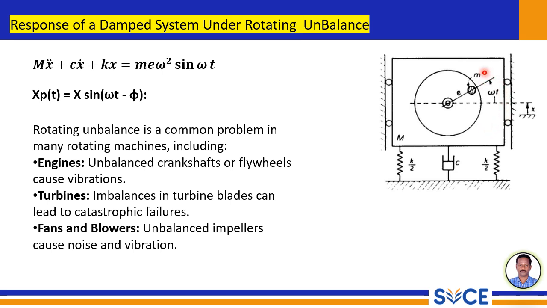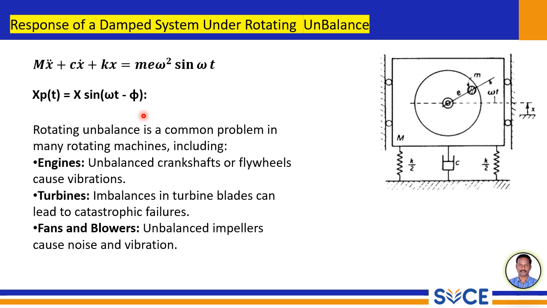time. The machine doesn't just vibrate at any amplitude. The image shows the steady state response of the system. That is, x of t is X sine of omega t minus phi. The machine vibrates with a sinusoidal motion at the same frequency as the drum rotation, but with the phase lag phi.